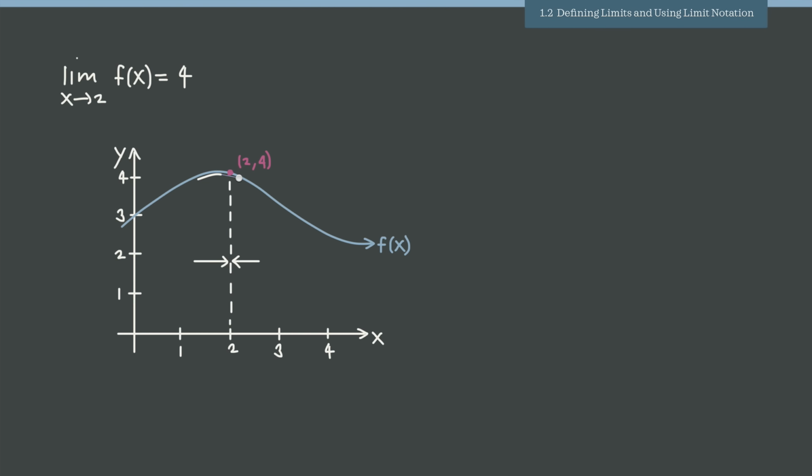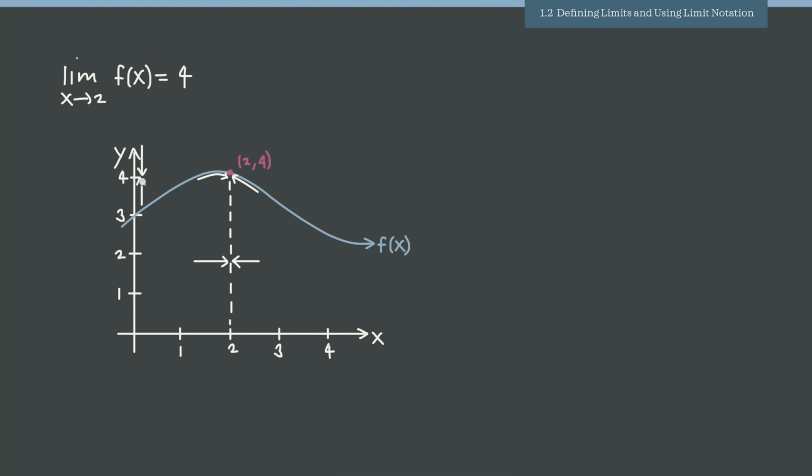We're approaching this point. We're getting close to 2. Or from the right-hand side, we're coming in along the function, getting close in toward x equals 2. So as I get close to this x equals 2 line from either side, this limit statement is specifically saying that I'm coming closer and closer to this value 4.